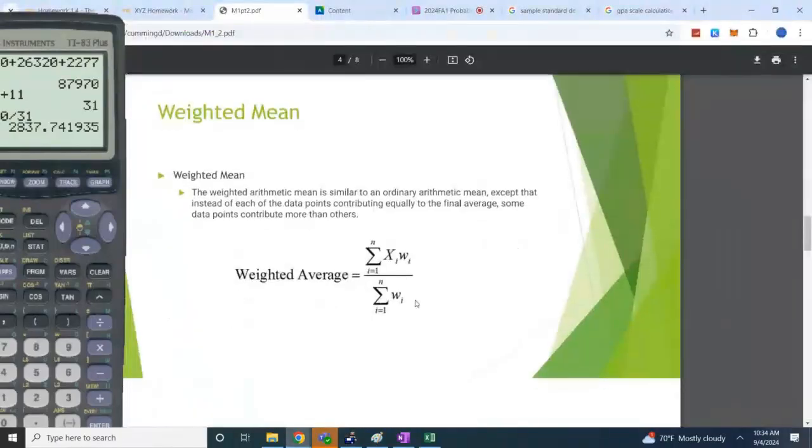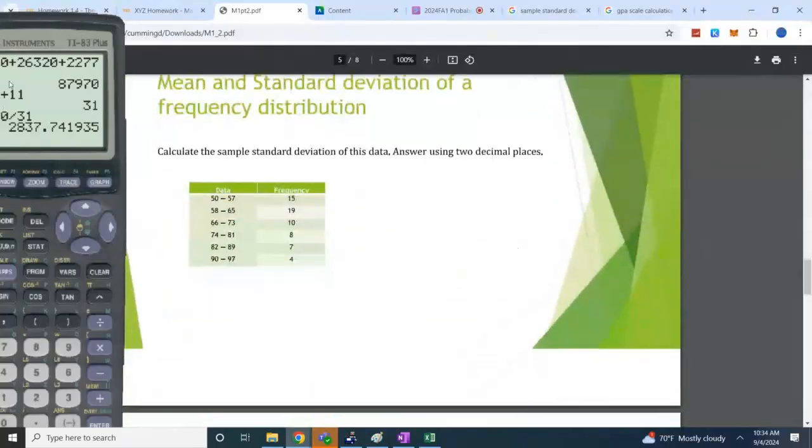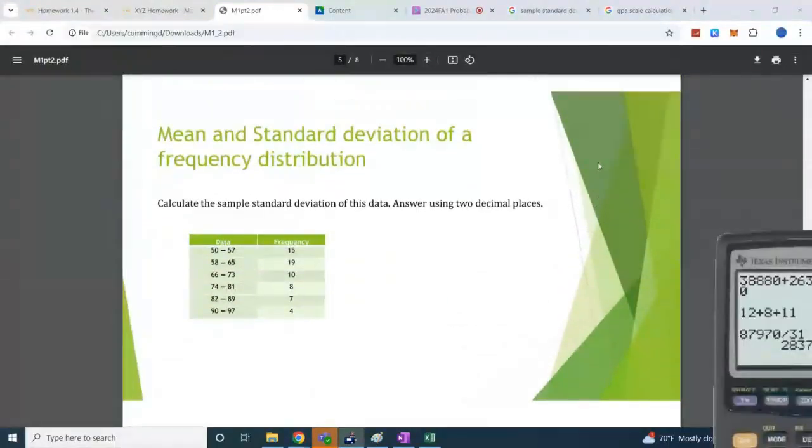All right, let's move a little bit forward. We were moving up from a set of numbers to a frequency distribution. From the frequency distribution, we're going to calculate some of the same things: the mean and the standard deviation.